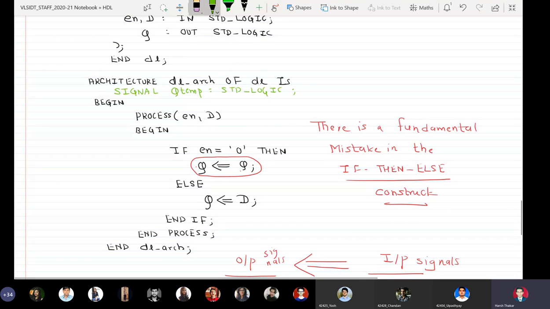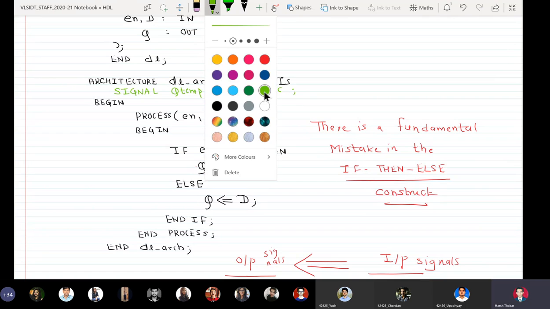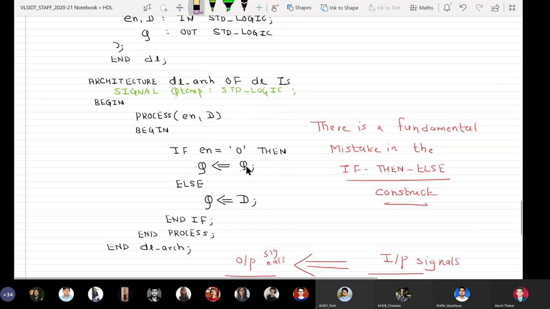So what I do is this: Q is assigned... in fact, I cannot write that. In fact, I cannot write down Q also here. I have to write down qtemp gets qtemp.